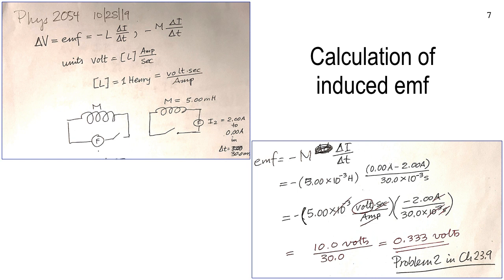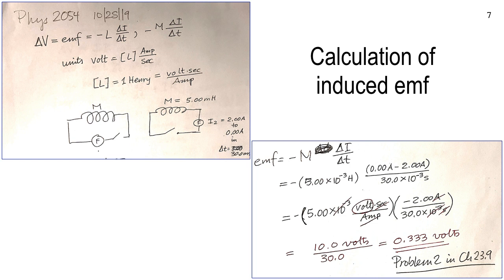Volt second per amp. All right, so there's my inductance. And I still have my quotient: negative 2.00 amps over 30.0 times 10 to the minus 3 seconds.